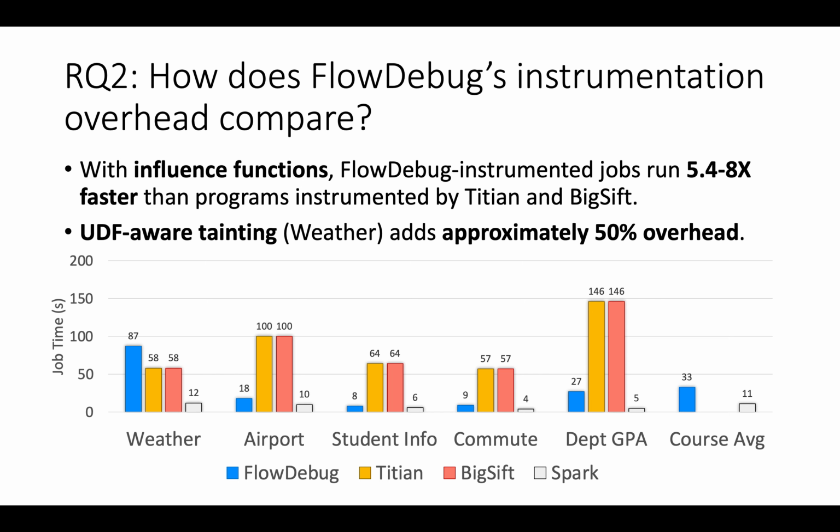Also, as an added effect, this 50% overhead is not as significant as you might initially expect. The overall debugging time, once we factor in the analysis phase for even just a single output, ends up being notably shorter than the other two solutions in Titian and BigSift.